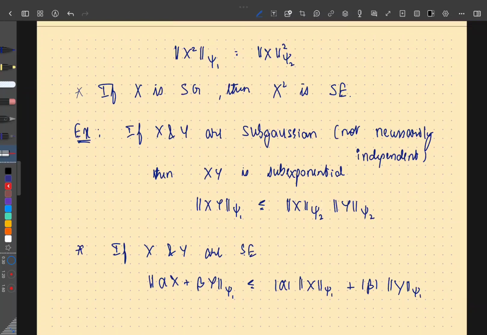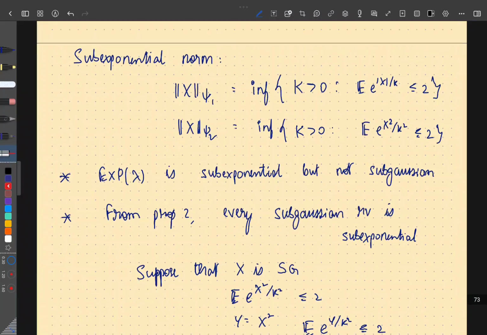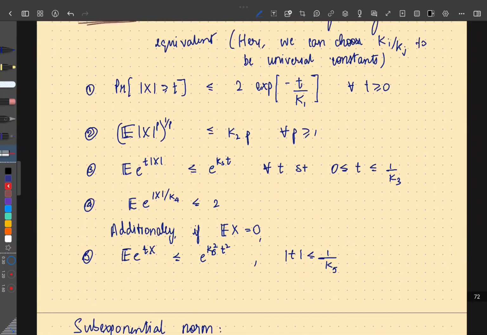So x is sub-Gaussian, which decays at the sub-Gaussian rate. Yes. y is also sub-Gaussian. Correct. So their product is sub-exponential decay. Correct. But it is less than the product of the two sub-Gaussian decays. So basically it decays exponentially, but then at what rate is the exponential decay, or what is the exponent corresponding to the exponential decay?